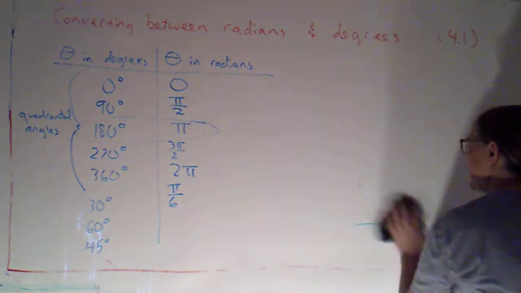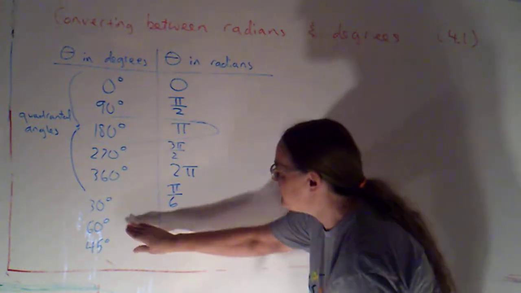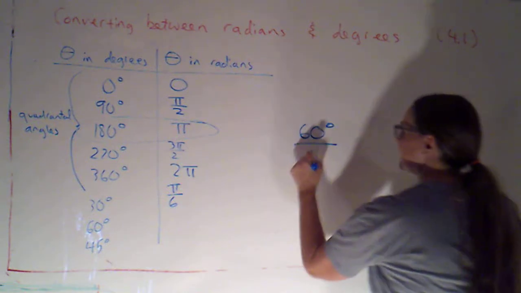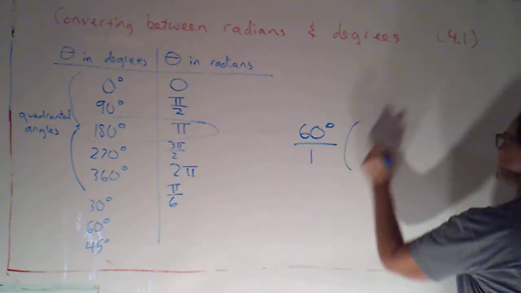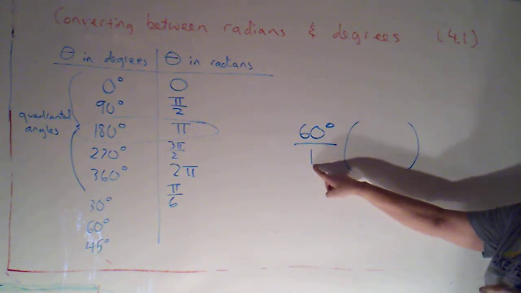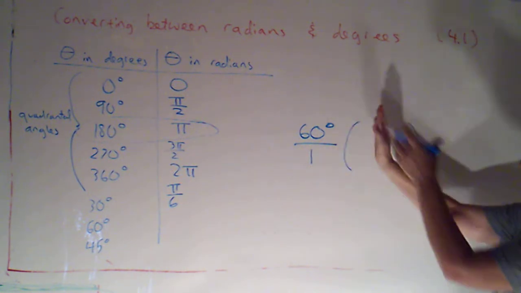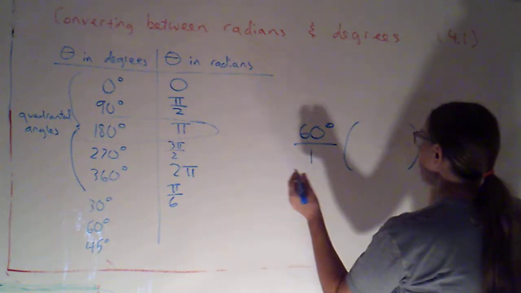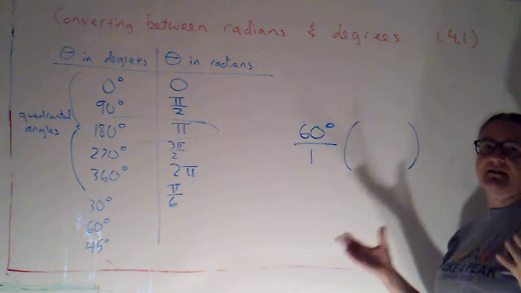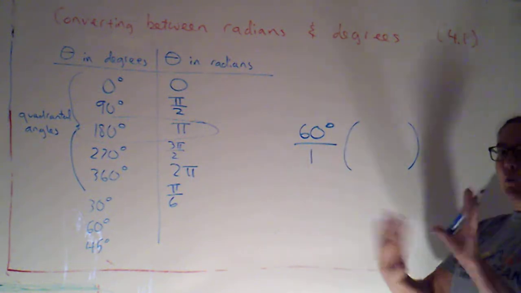Okay. All right, so let's do that with 60 degrees as well. So 60 degrees, I could write that as a fraction if I want to, just 60 degrees over 1. Now, here I don't mean over 1 radian. I just mean 60 degrees over, well, anytime I have something I can divide by 1 and it doesn't change the value. This is not 1 of anything.